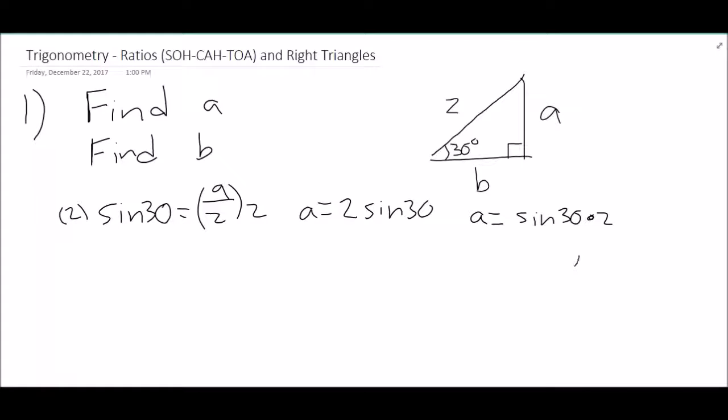What this looks like to a professor, a teacher, or maybe a College Board grader might be sine of 30 times 2, which would be sine 60. And we don't want sine 60, we want to use sine 30 and multiply the result of that by 2. So it would be much easier if you just write 2 sine 30 in the beginning, and it would not confuse your calculator.